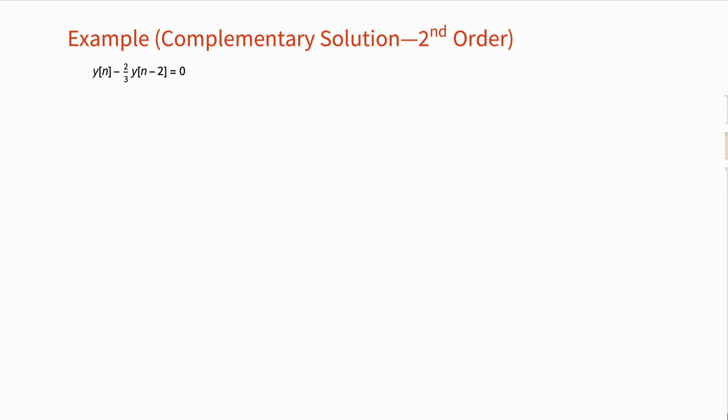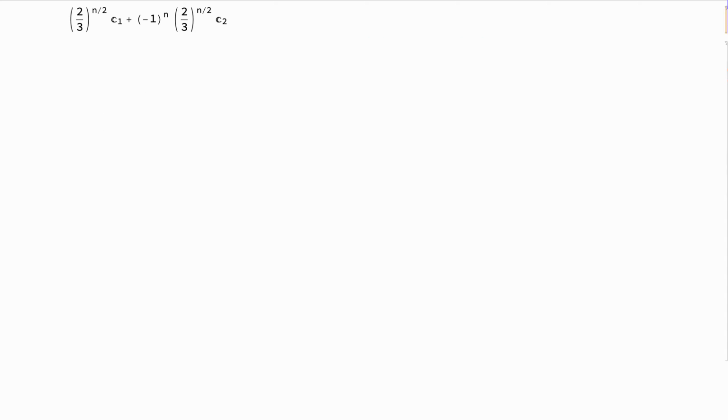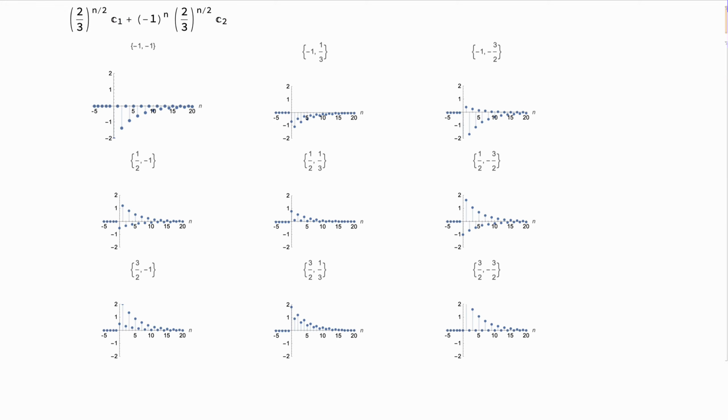Given this second order difference equation, we would like to find the complementary solution. Using the Wolfram language, the solution to the difference equation is found as shown here. Plotting this response for different values of C1 and C2 shows how the solution changes for different values of the initial conditions.